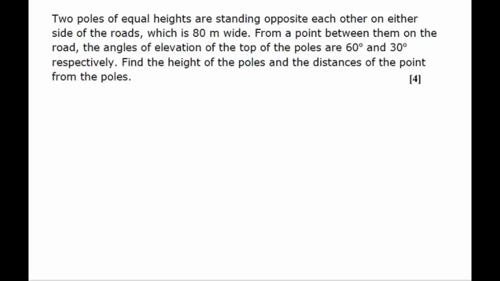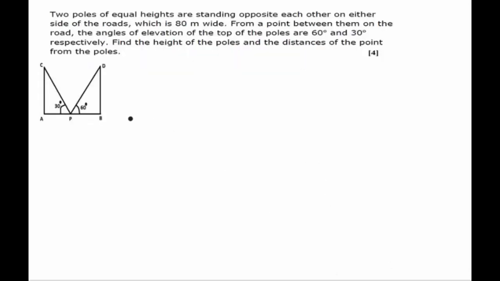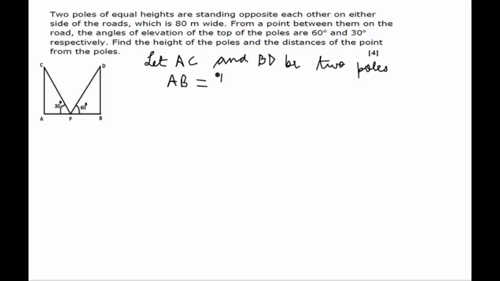So first of all, we draw the diagram. Let AC and BD be the two poles. Now these are 80 meters wide, so we say that AB, which is the width of the road, is 80 meters.